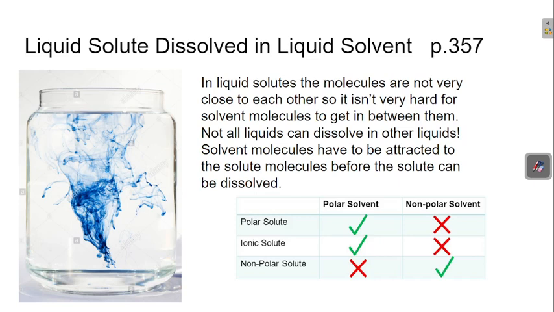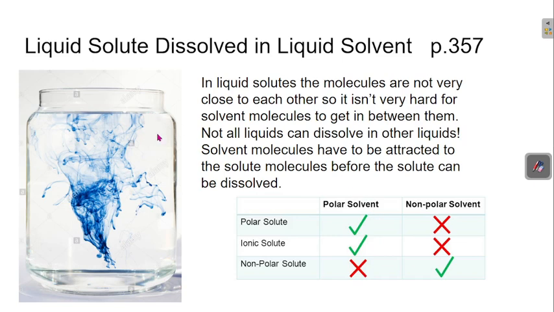But it's also based on likes, on charges. A polar liquid solute will dissolve in a polar liquid solvent. An ionic liquid solute will dissolve in a polar liquid solvent, but it will not dissolve in a non-polar solvent. For example, oil, which is a non-polar solute in liquid form, will not mix with water, which is a polar solvent.